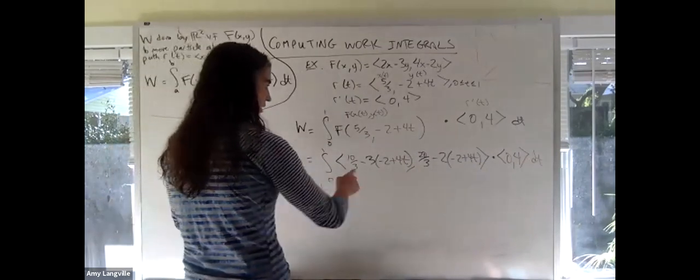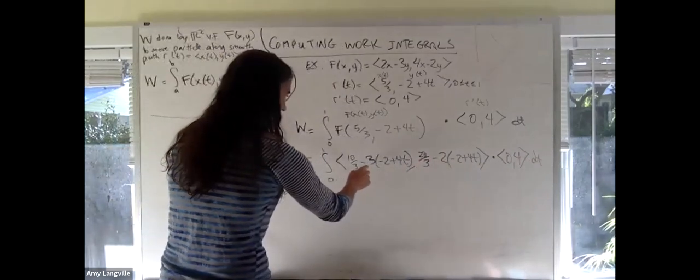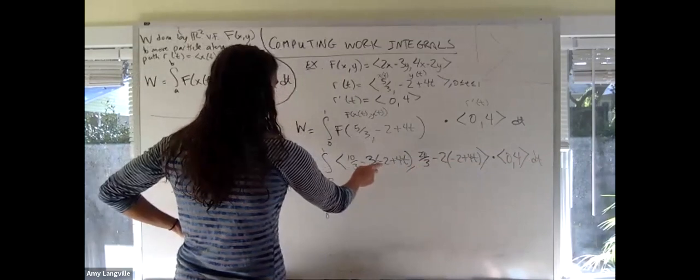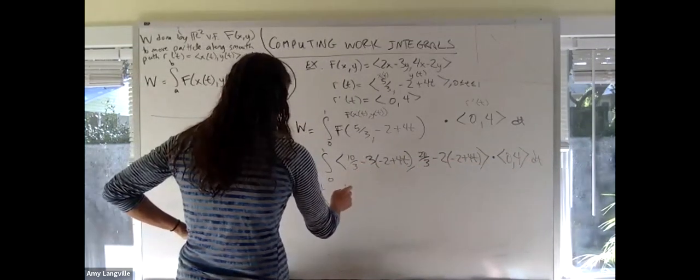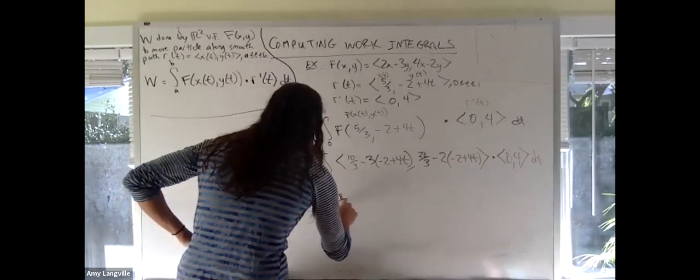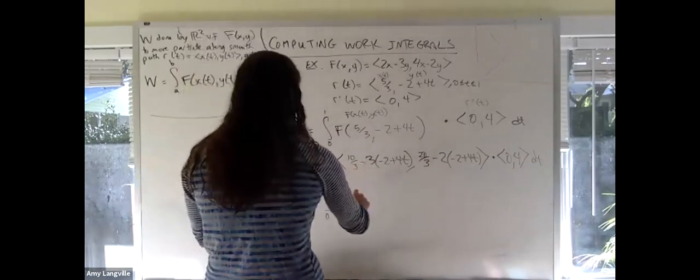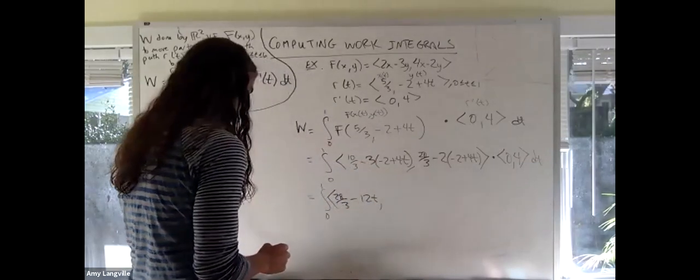So just some arithmetic and cleaning up this one before we do the dot product. So let's see, 10/3 plus 6, that'd be 18/3, so 28/3 minus 12t. That's our first component.